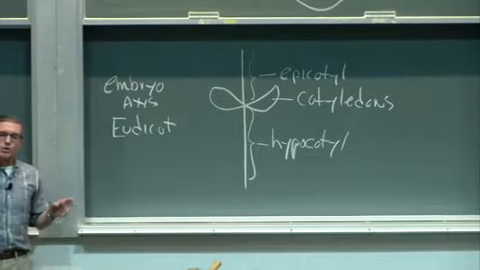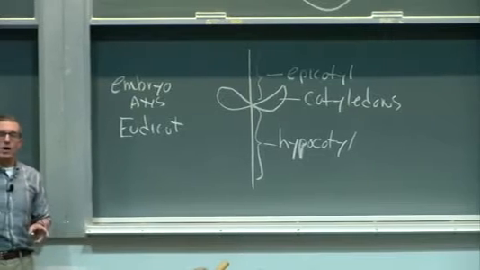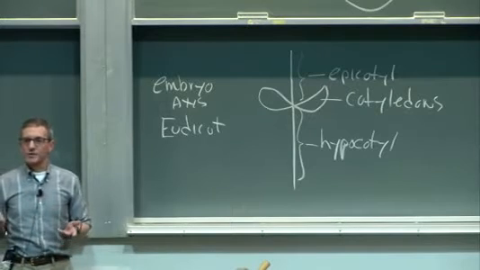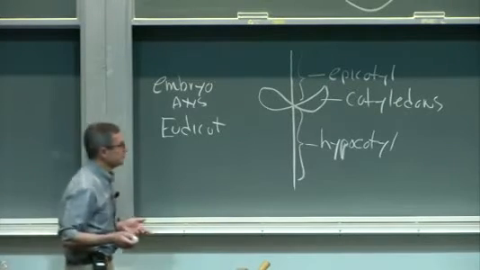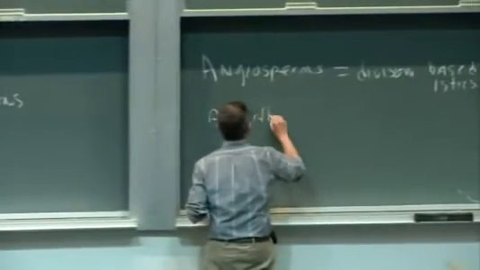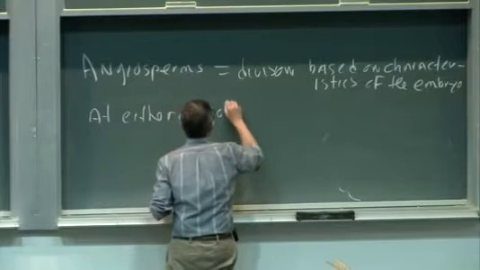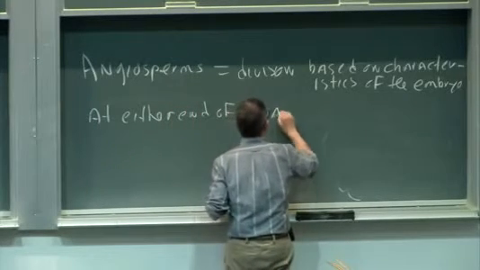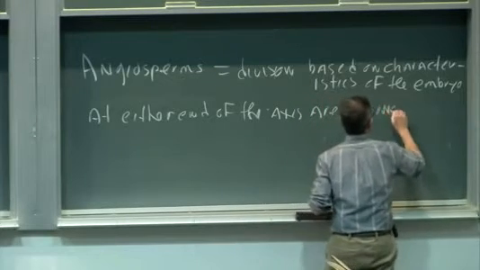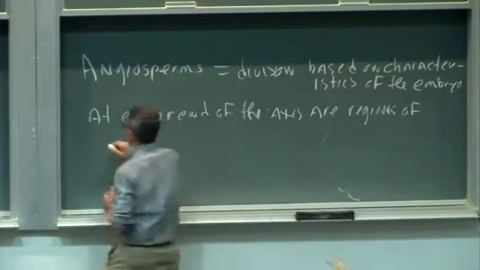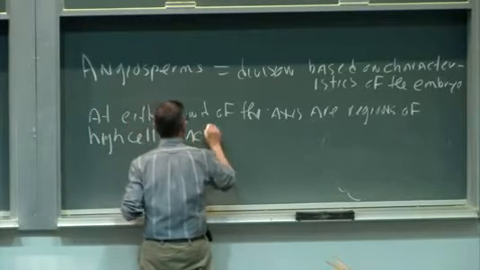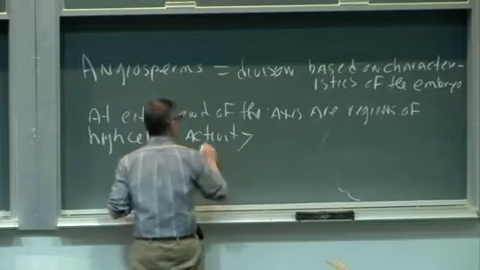Now, the other two landmarks I want to put on this embryo axis, which are probably the most important point for today's lecture, are the following. And I'll write this down for you. At either end of the axis are regions of high cell division activity. High cell division activity.